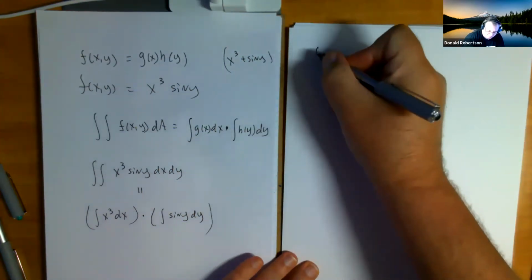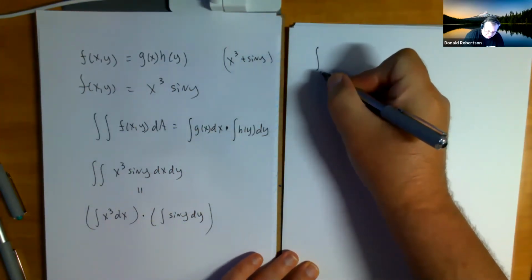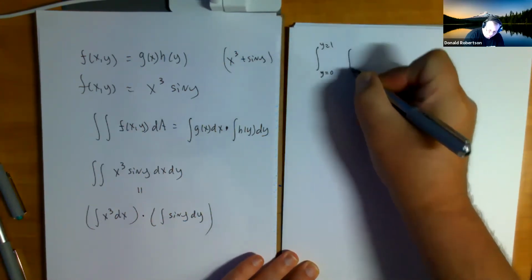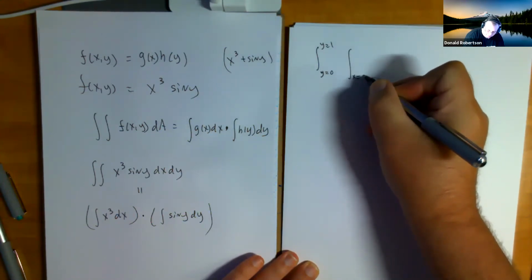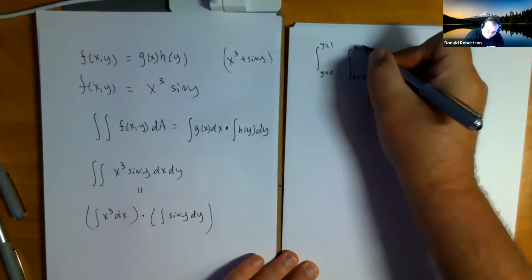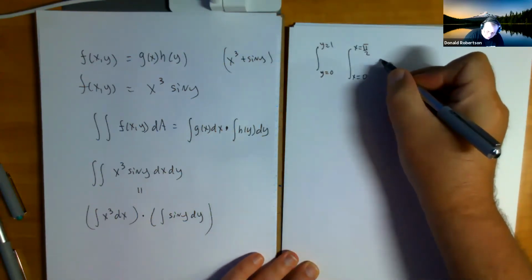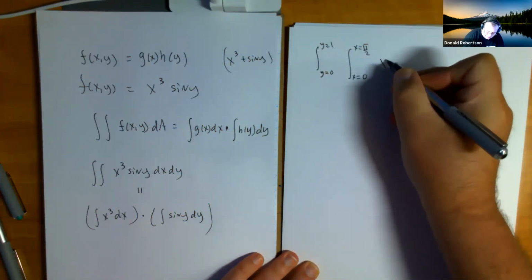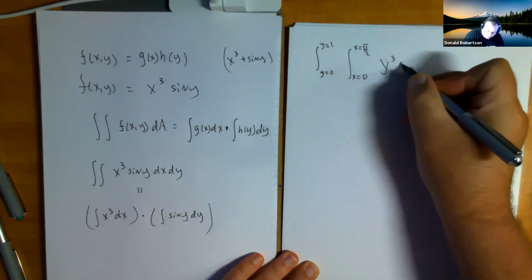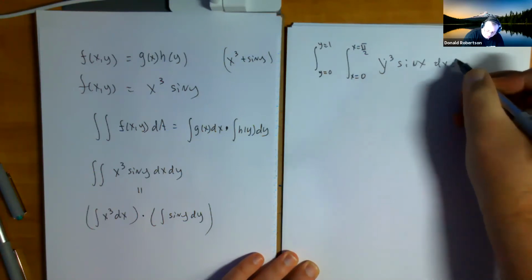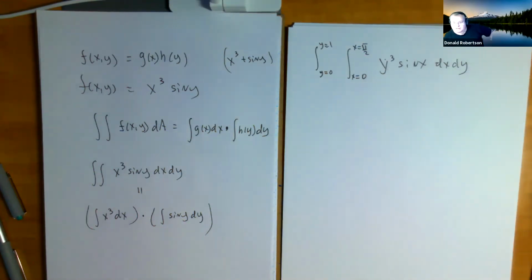Well, let's do one. Let's suppose I wanted to get the integral from y equals 0 to y equals 1 of x equals 0 to x equals pi upon 2, and let's suppose that the function was y cubed sine x dx dy. Now I can just do that the usual way, right? I can simply just integrate that in the usual technique.